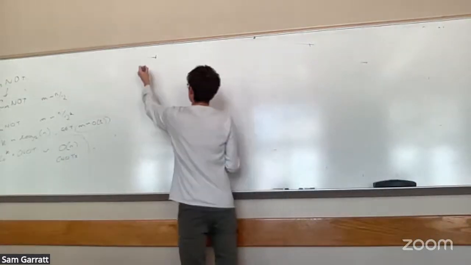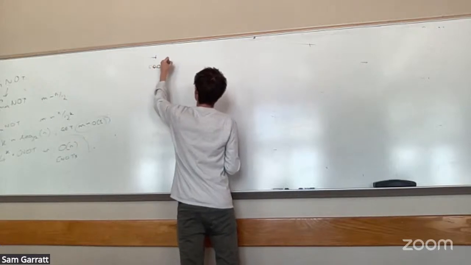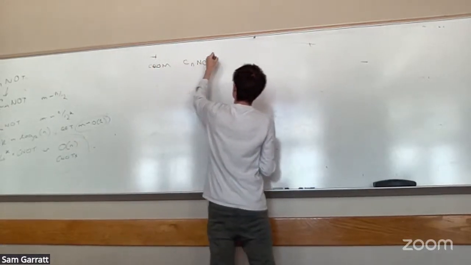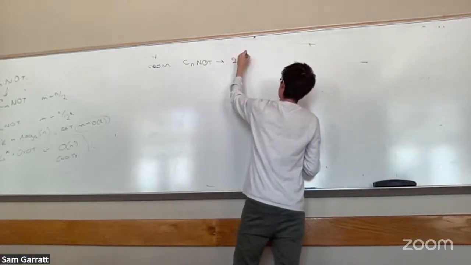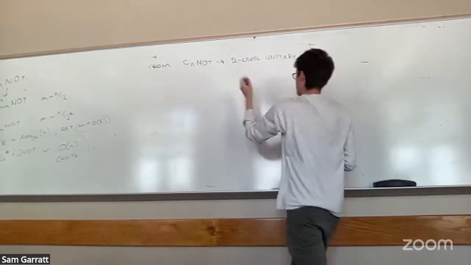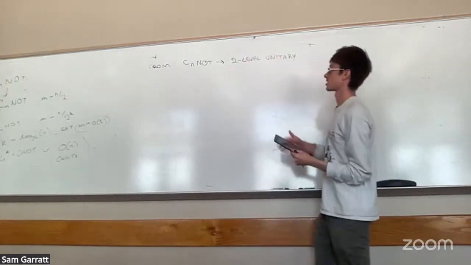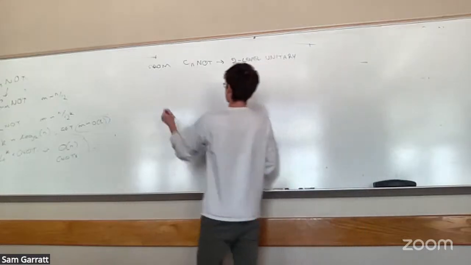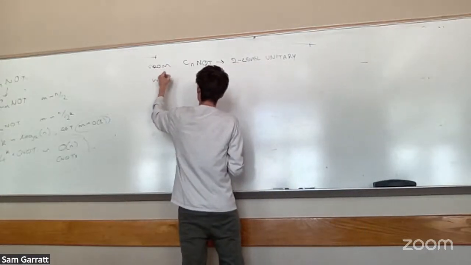So from C^N NOT to 2-level unitary, and then from this 2-level unitary we get any unitary. Okay, maybe in the interest of time, why should we do this? This is basically an important statement, but it's something you can look up very easily.